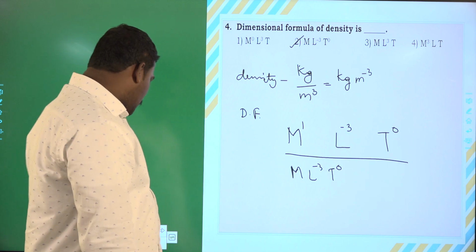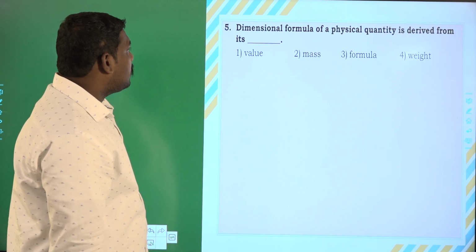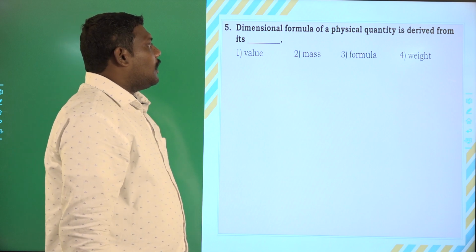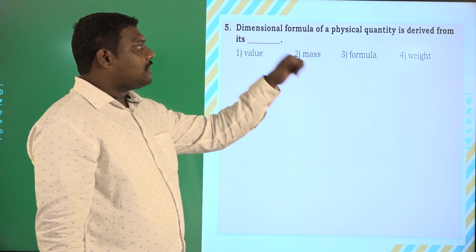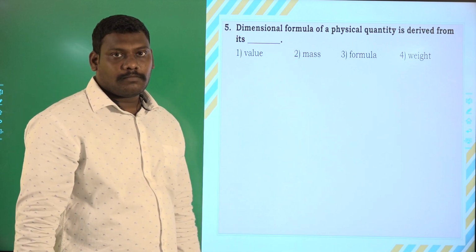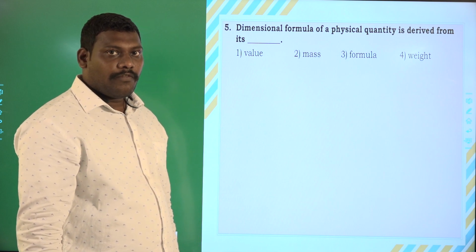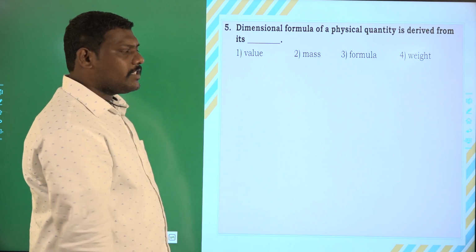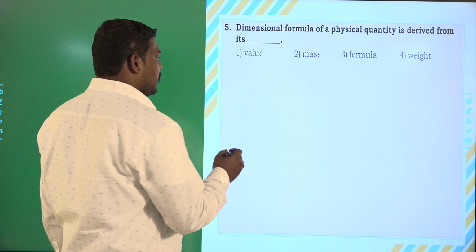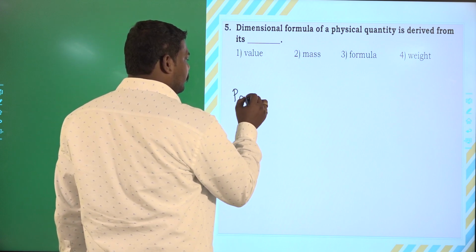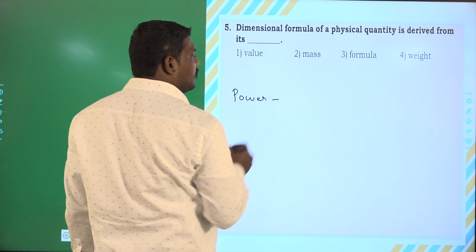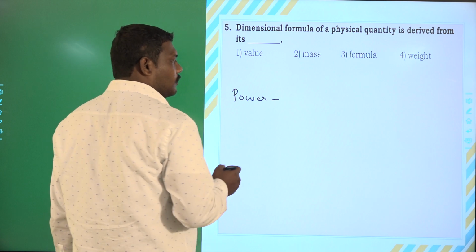Okay, now let us go to the last question. The dimensional formula of a physical quantity is derived from the formula of the physical quantity. For example, let us say power. Now what is the unit of power?